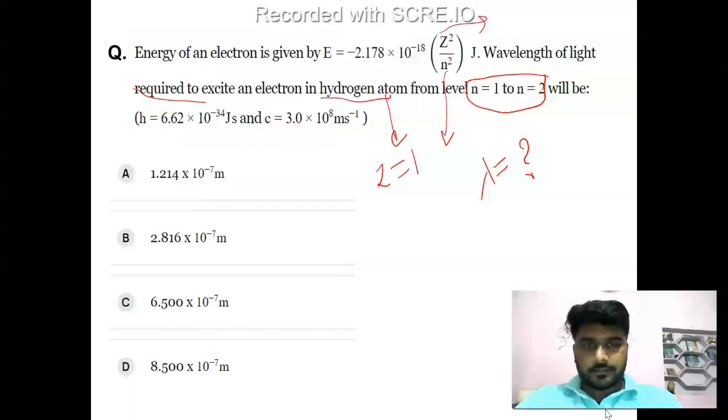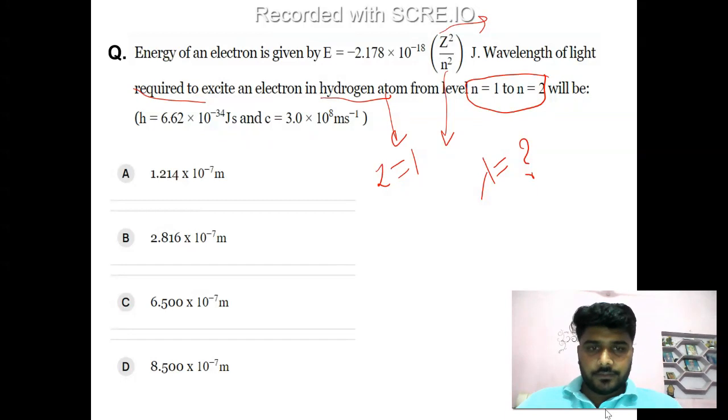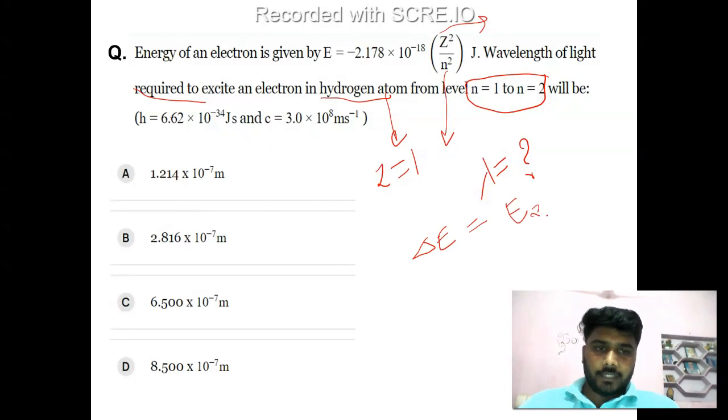Are you getting the solution? So let me give you a hint. If I talk about the delta E, that will be E2 minus E1, and you can expand it as hc by lambda.